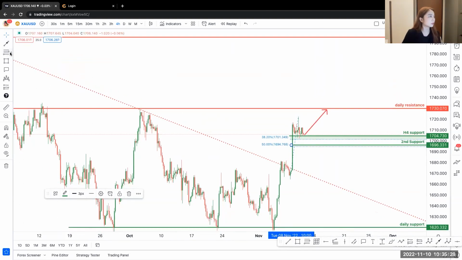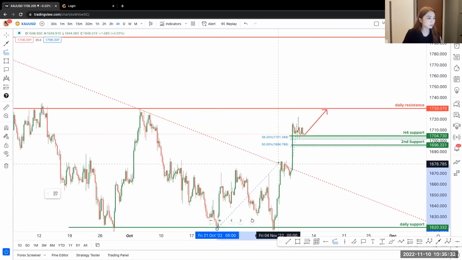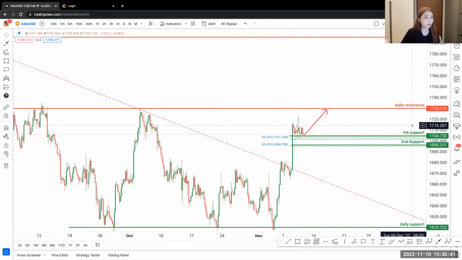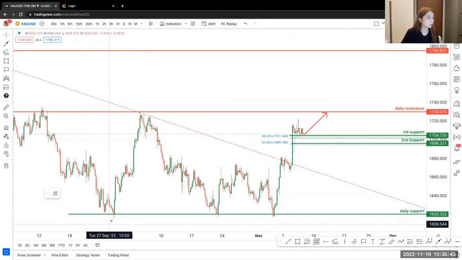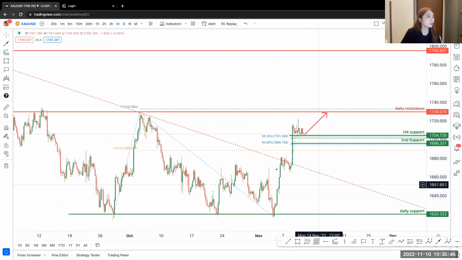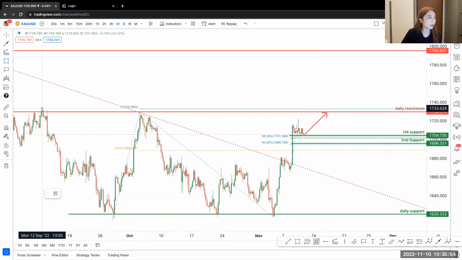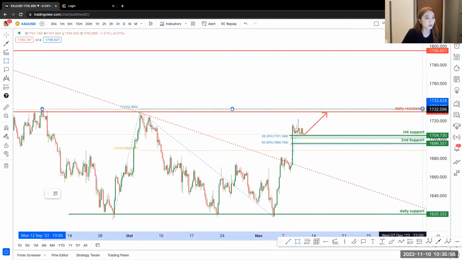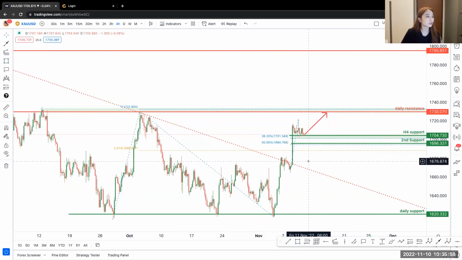All right, let's look at some projections. Sorry, let's do a bigger one. Do the bigger movement. Yeah, so we are seeing that our daily resistance, or actually our take profit point of price, is very in line with our 100% Fibonacci projection.